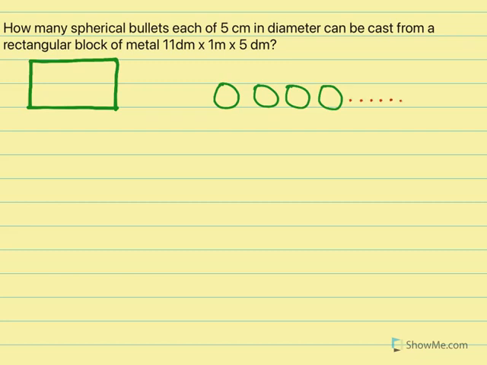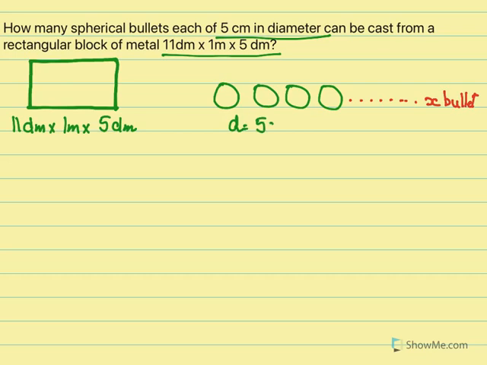We have to find the number of bullets, say x bullets. For the block, the dimensions are given here, 11 decimeter into 1 meter into 5 decimeter. For the bullets, the diameter is given as 5 centimeter, which means the radius is 2.5 centimeter.